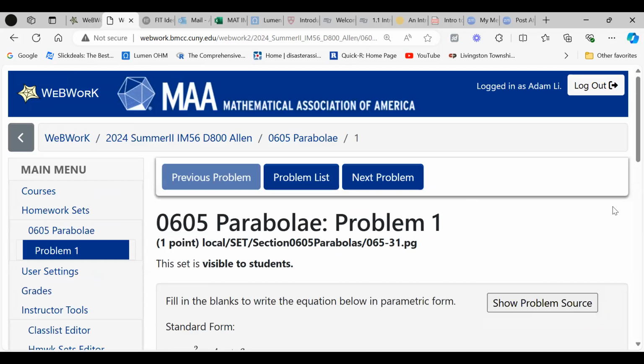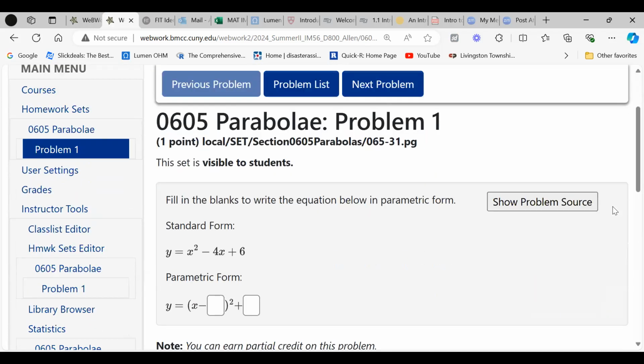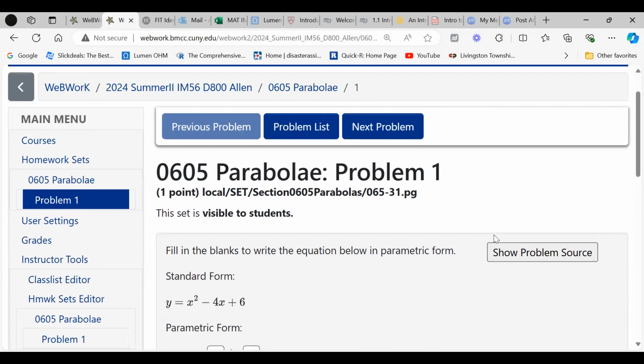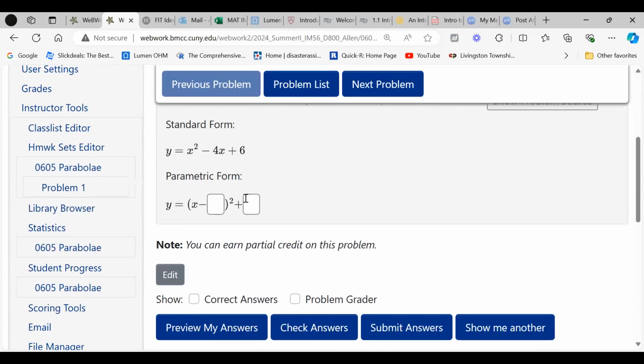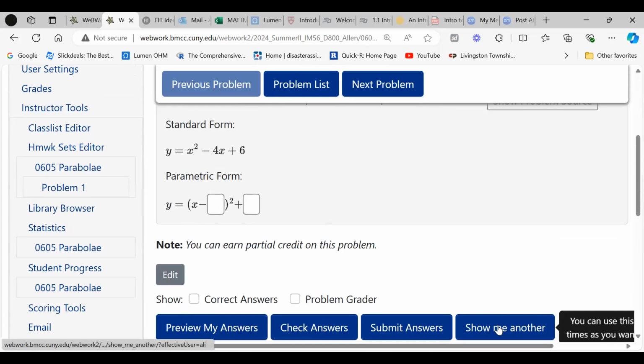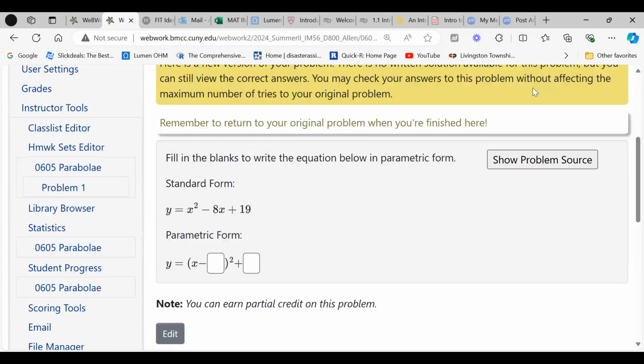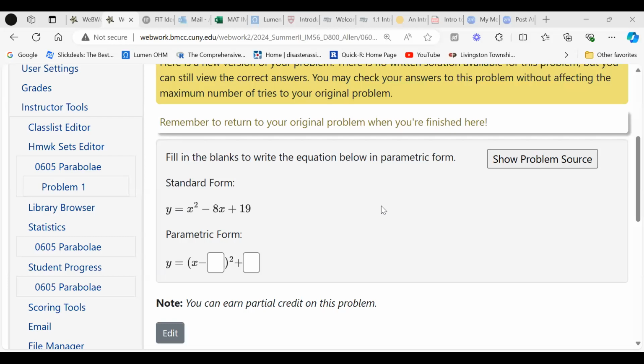Parametric form. All right, so let's start with this question here. Let's quickly complete the square on the right hand side, just like what we did for the other questions in section 6.1.